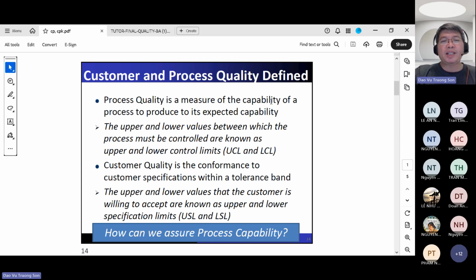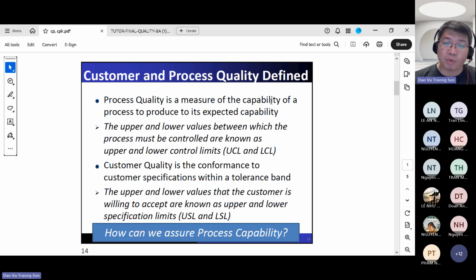But from the customer perspective, customers don't really have control limits. Instead, customers have something we call specification limits, the level that is acceptable to the customer. We have two levels, the upper and lower specification limits, USL and LSL. These two levels can be completely different from what we can actually do.